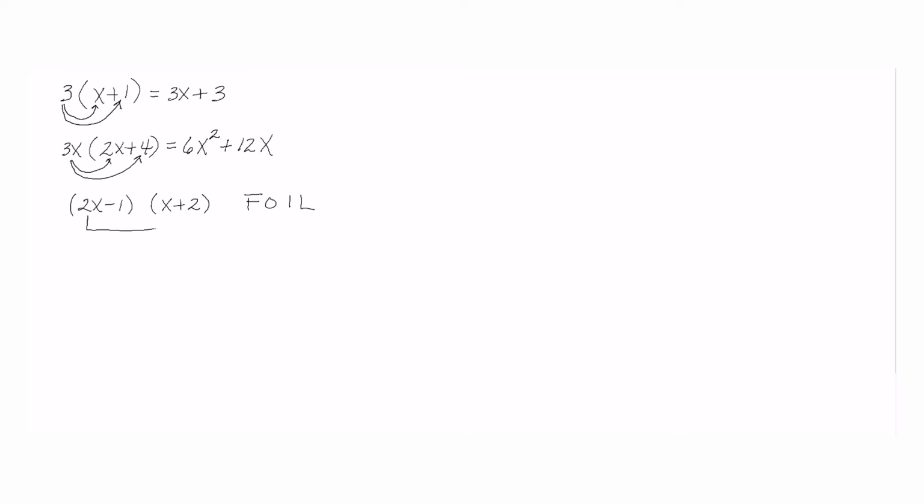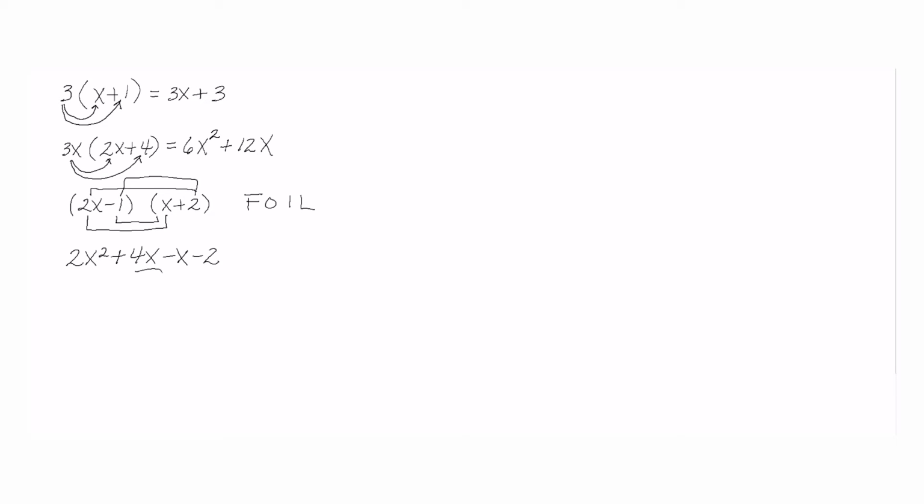So the first will be the 2x times the x, which gives us 2x squared. So then we're going to do the outer numbers, so that's 2x times 2, which gives us 4x. Then the inner says negative 1 times x, which is negative x. And then last says negative 1 times 2, which is negative 2.